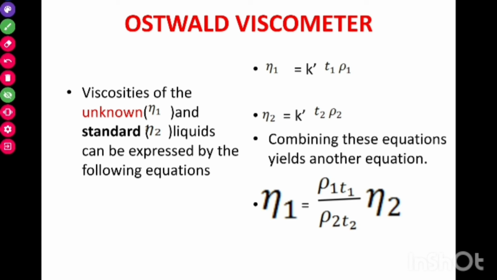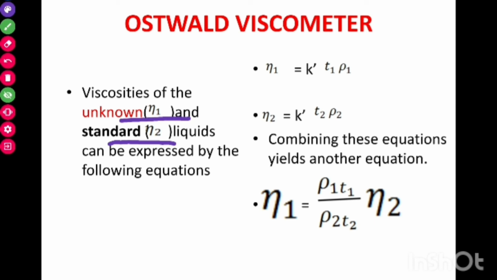Standard sample means you know the viscosity of that sample. Now the viscosity of the unknown sample is represented as eta 1, and the viscosity of the standard sample is eta 2. Then we get two equations for the unknown and known samples. So eta 1 and eta 2 are the viscosities of the unknown liquid and the standard liquid.